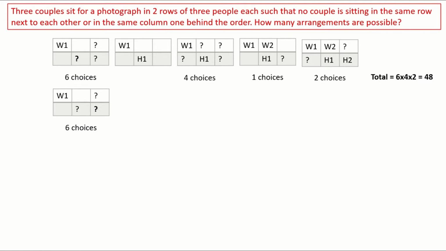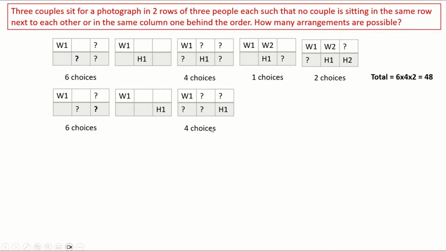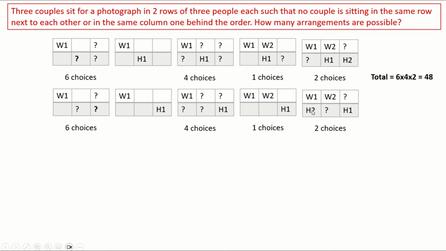Now let's take the first option again, and this is 6 choices. The wife can sit, and let's assume that the husband is sitting here. What are the options here? The second couple can sit in any of 4 places. If the wife is sitting here, the husband can sit only here, right? That is the only option. Only one choice left, and the couple can sit in any of the 2.